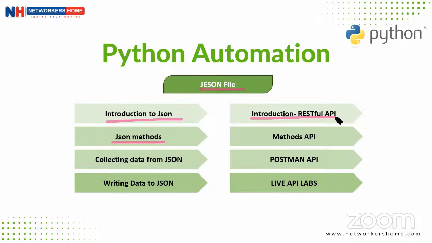So we'll understand the get method, put method, and delete method. We will understand all these methods, and we will work with a variety of APIs. We'll also go with Postman for APIs, and we will have a live lab where we will be working on these APIs.